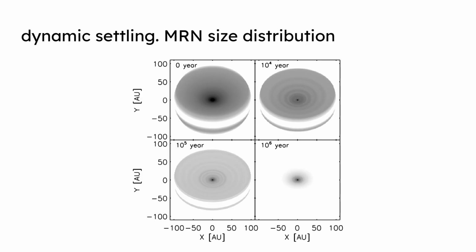And this is a little cherry on top figure of simulating an image again at the same wavelength, 0.55 micron, at different years for the size distribution. And you see that with time, initially you see the entirety of the disk reflecting the starlight.